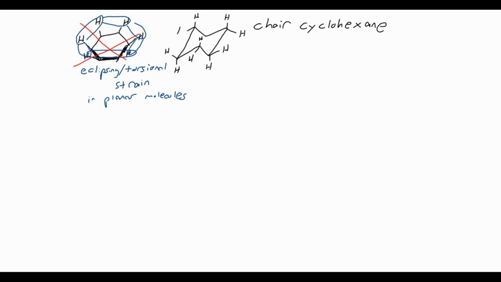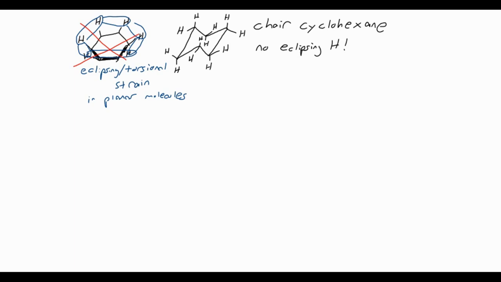So we have alternating up, down, up, down, up, down hydrogens. And so this gives us no eclipsing hydrogens, which is very good, very stable.